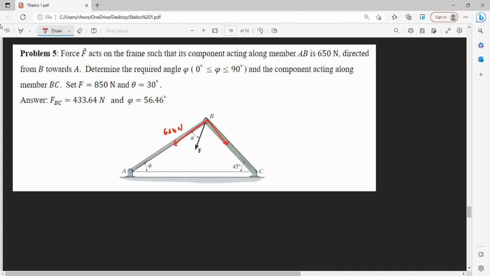And we have another component acting along BC. So I'm just going to call this FBC. Set F to 850 newtons. This to 30 degrees. And we are looking for phi, and we are also looking for FBC.